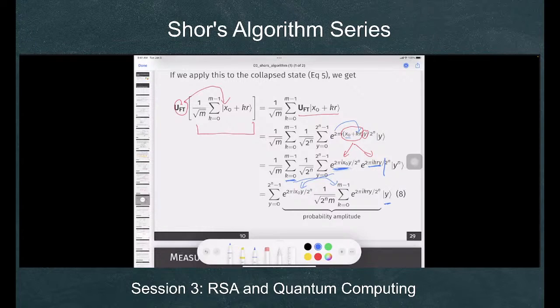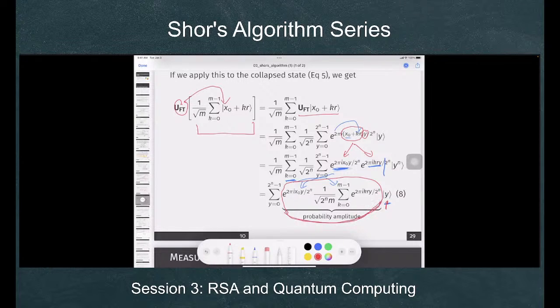And this one here that I encircled in red is nothing but the probability of that value of y occurring when you measure this superposition. When you measure this superposition, you will get a y. But what is the value of y? The value of y that will occur most frequently is related to the probability of it occurring.